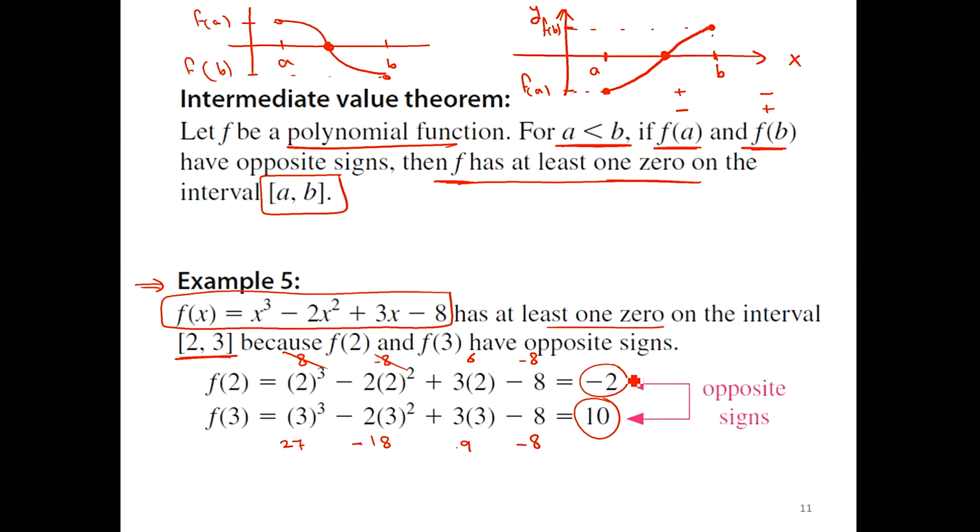So we have different, opposite signs. So surely f has a zero on the interval from 2 to 3. Okay, we have at least 1 zero between 2 and 3 for this function. Already have it.